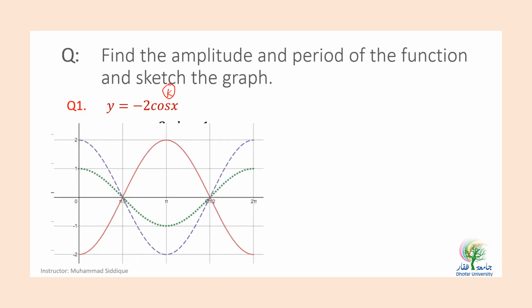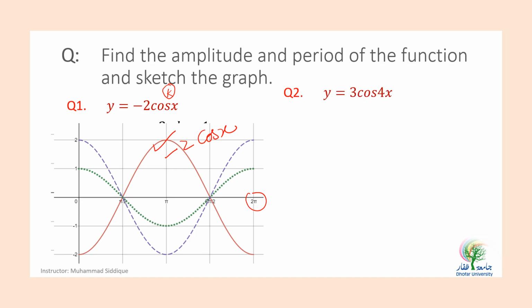So this is minus 2 cosine x, a graph with amplitude 2 and period 2 pi. Period means after this interval, the graph repeats itself. The graph will come again with the same pattern.